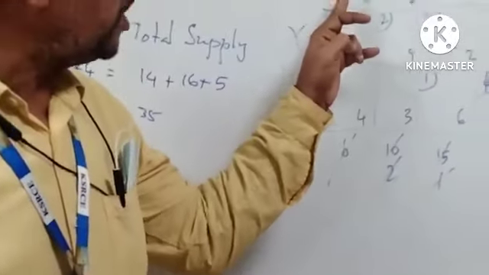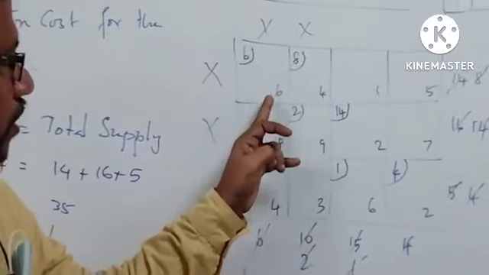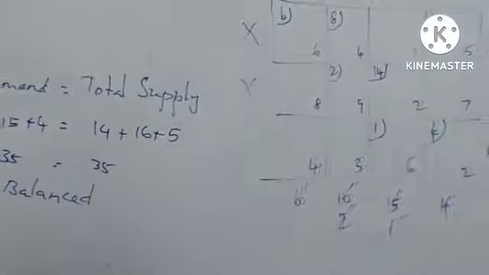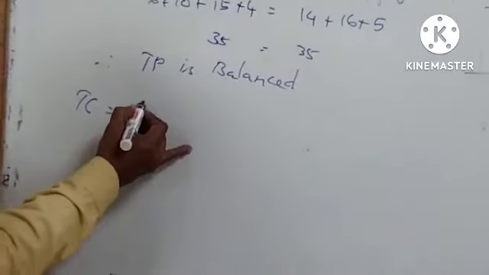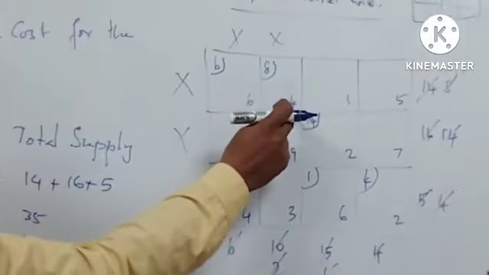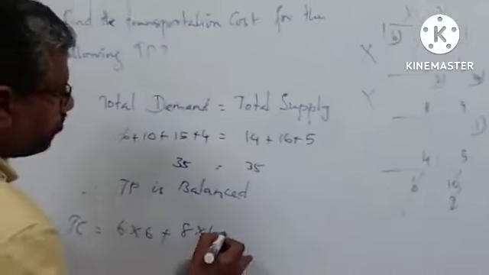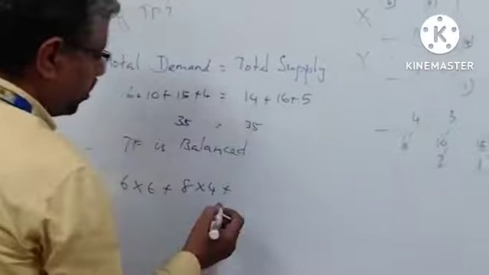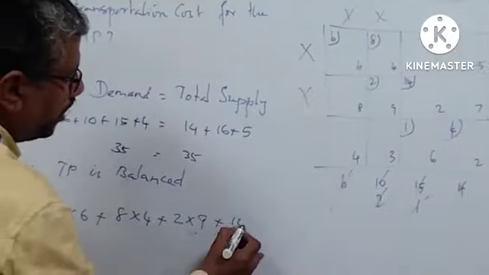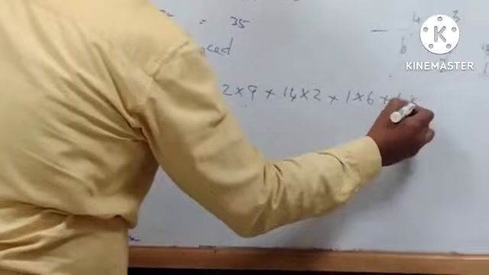If you are going to dispatch 1 unit of goods from O1 to D1, it will cost 6 rupees. But here you are going to dispatch 6 units. Therefore, 6 into 6, 36 rupees. Similarly, 8 units of goods at the rate of 4 rupees, so 8 into 4, plus 2 units of goods at the rate of 9 rupees, plus 14 into 2, plus 1 into 6, plus 4 into 2.